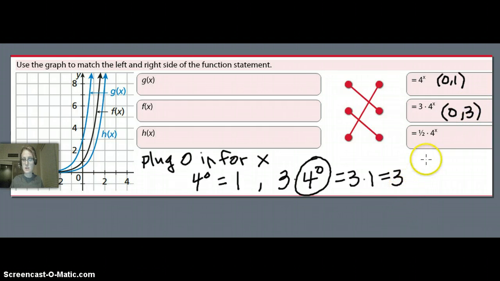And our last equation, let's make a little space for it here, and make that a little smaller. When we plug in 0 for x, 4 to the 0 power, there we go, we get 1/2 times 1.